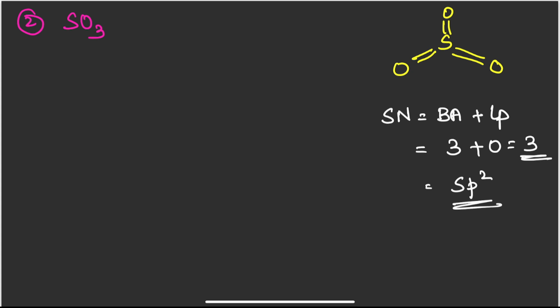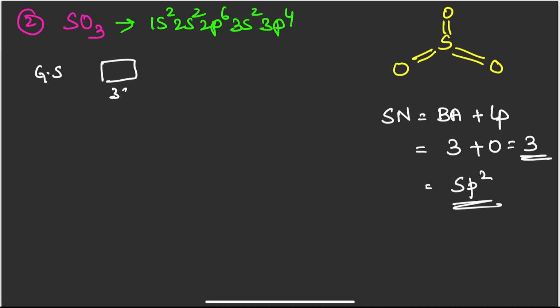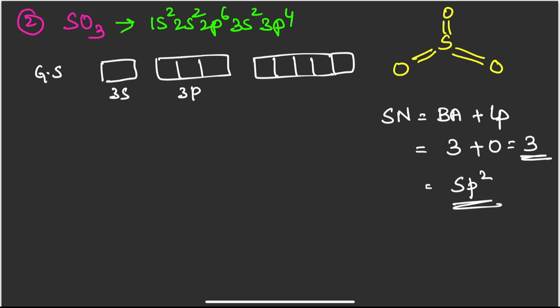Now again we will write the electronic configuration for sulfur: 1s2, 2s2, 2p6, 3s2, 3p4. Now for the ground state electronic configuration, this is the 3s orbital, this is the 3p orbital, and this is the 3d orbital. Here you can see in the 3s orbital 2 electrons are present, and in the 3p orbital 4 electrons are present.